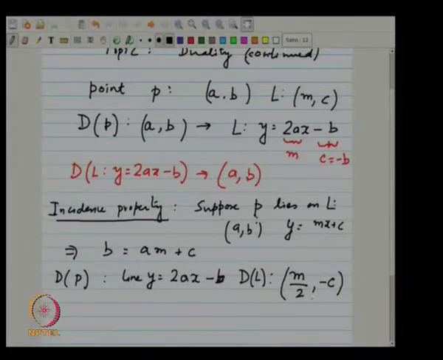So, this is now a point and this is now a line. So, let us again substitute. Does it satisfy? So, the question is, y is minus c, is minus c equal to 2 a x, this is my equation 1, where x is m over 2?